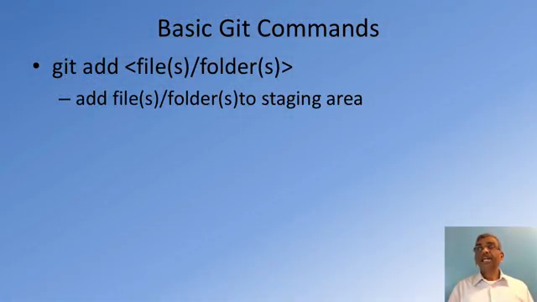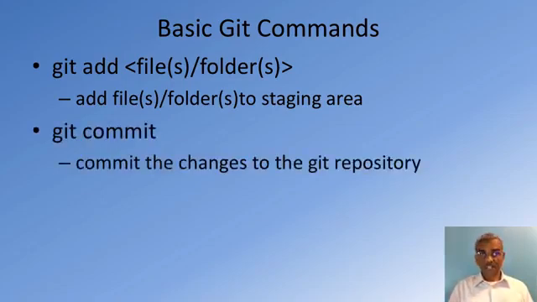So the next command that we saw was git add. By using git add, you can add files or folders to the staging area. Once you add it to the staging area, then you can commit that snapshot of our folder status to our Git repository. So when you do the git commit, what this command will do is commit the current state of our folders into our Git repository.